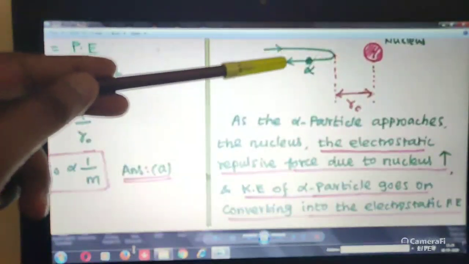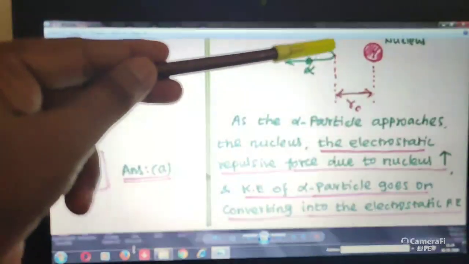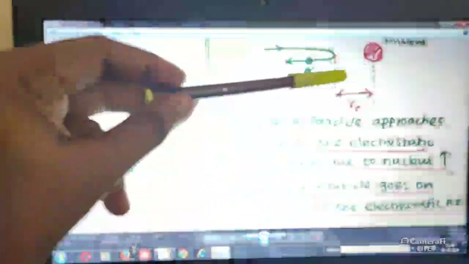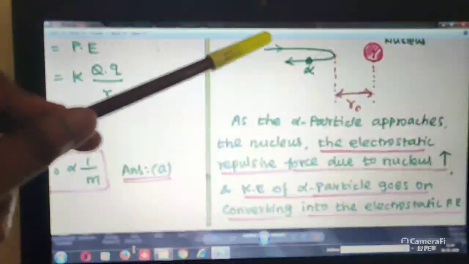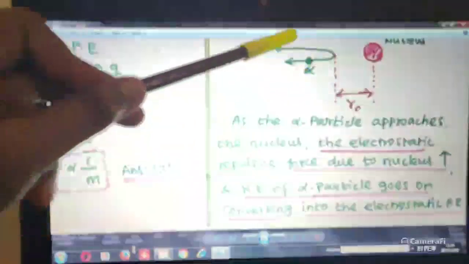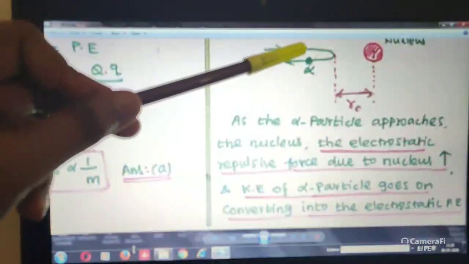But when it reaches a particular distance, there is an electrostatic repulsive force between the alpha particle and the nucleus, because both are positive in nature. So a highly repulsive force acts between them, and the entire kinetic energy is converted to electrostatic potential energy.